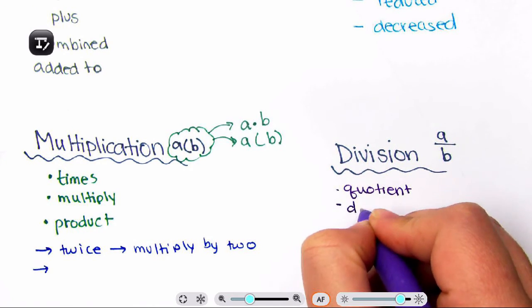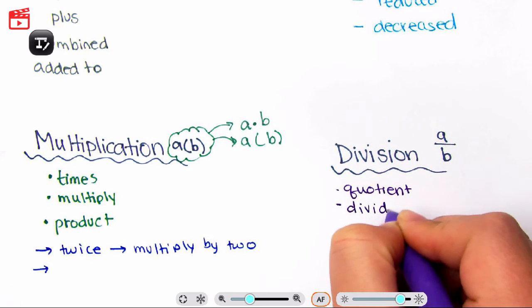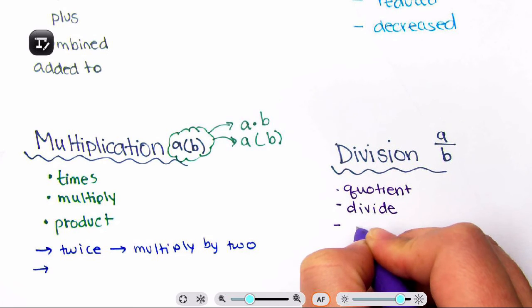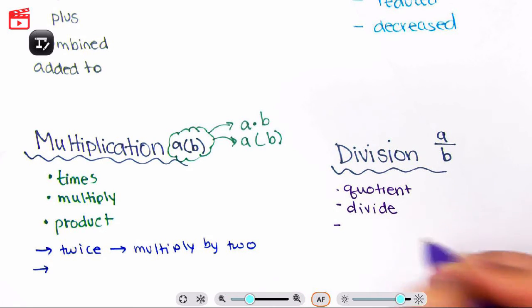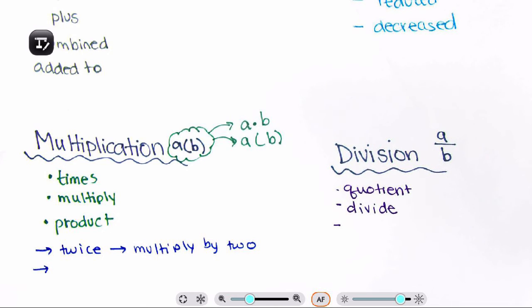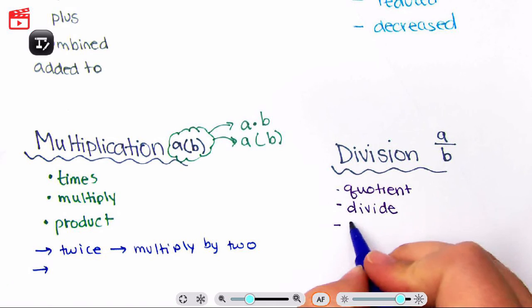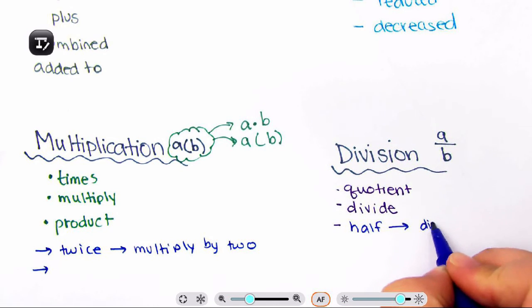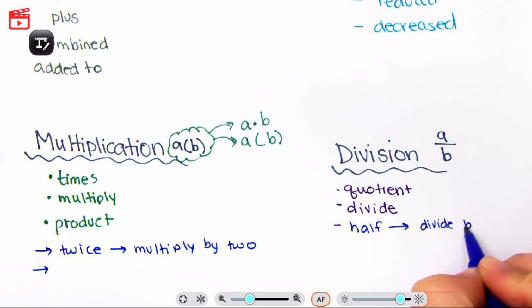You can do divide, divided by. Another thing you can do is just like twice, you can do half. And half means we divide by 2.